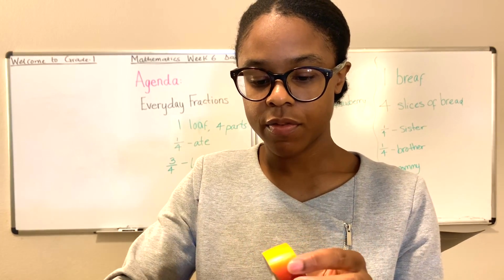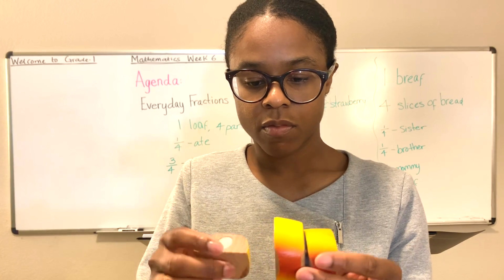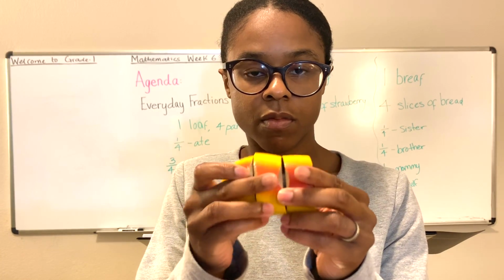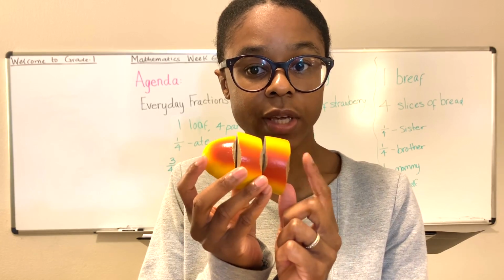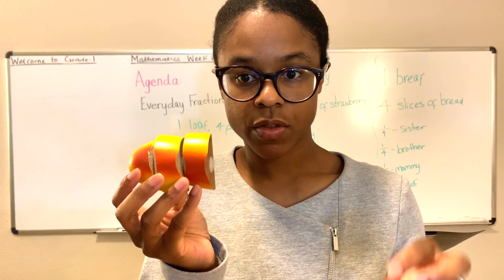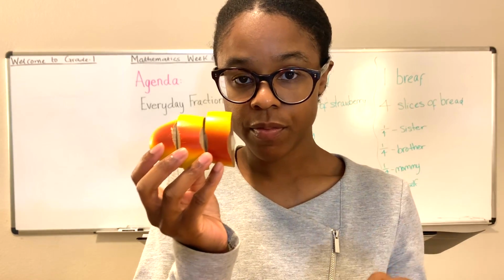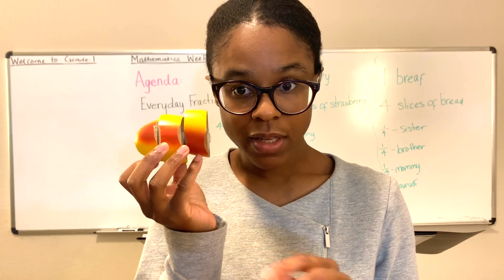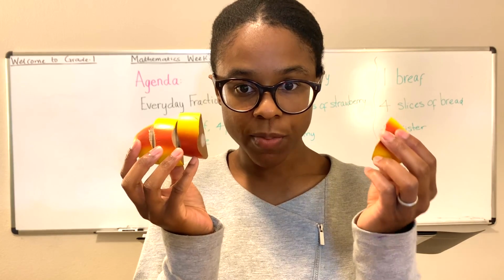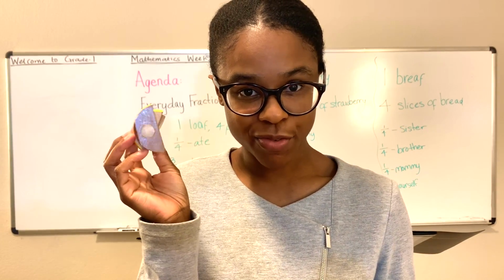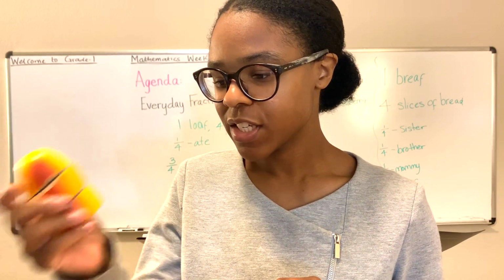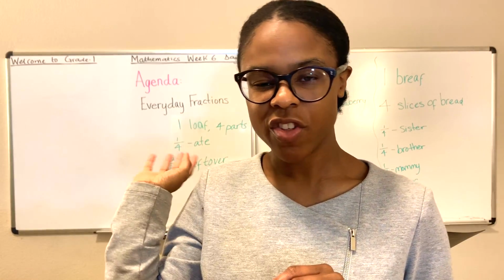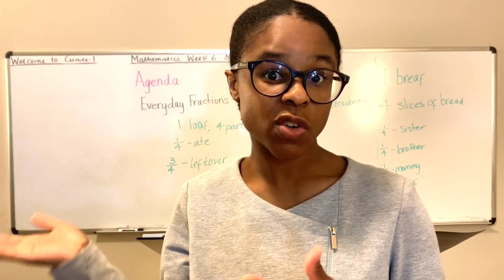And then you'd have 1, 2, 3, 3/4, 3 out of 4. The portion that's uneaten is called 3 out of 4 parts, but only 3, not 4, 3 out of 4. So that's 3/4. We wrote that on the board. 3/4 is left over. We call that 3/4.